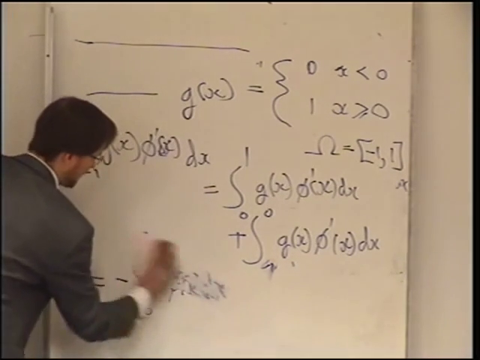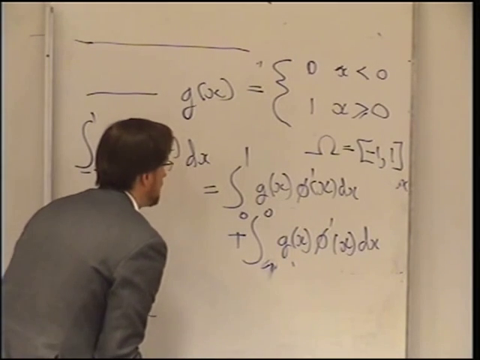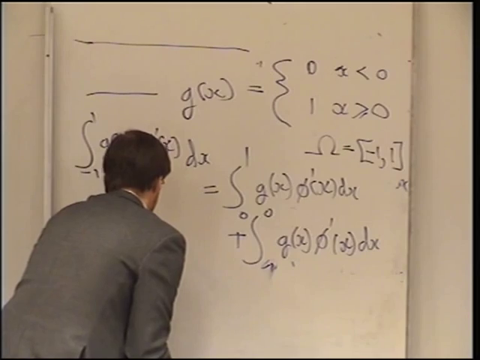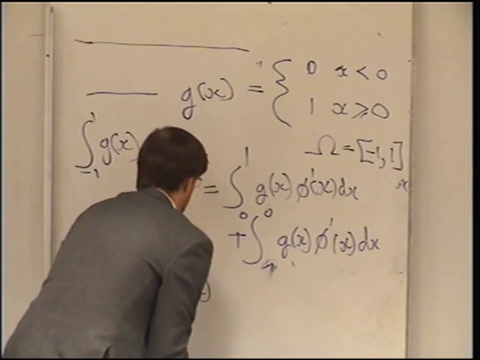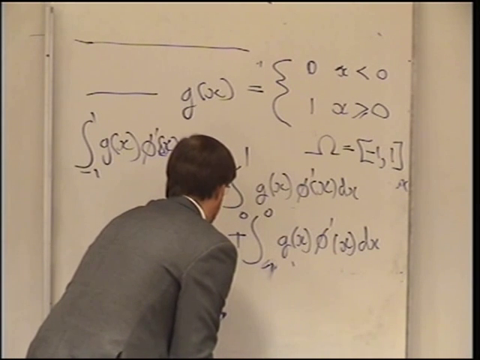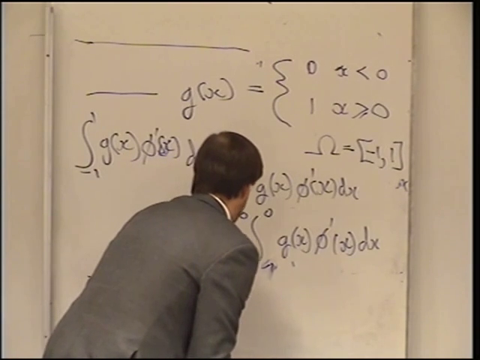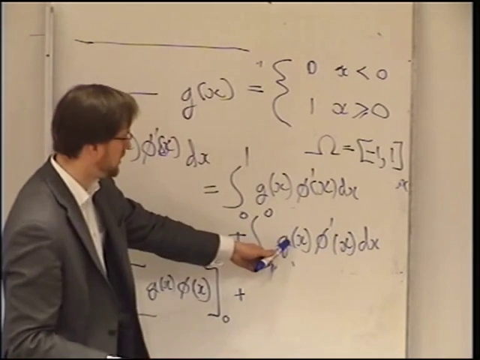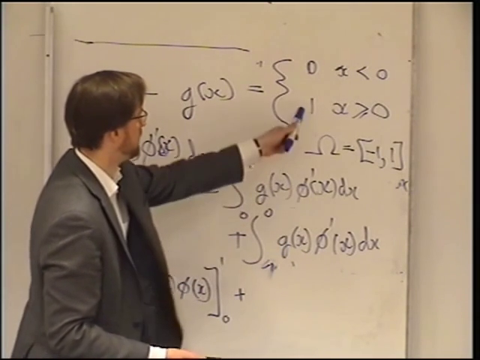Okay, so let's just get rid of that one because we already know that's 0. So it's just equal to the boundary terms, which are g(x) phi(x) from 0 to 1. And similarly, when I substitute in g prime of x here, I'm going to get the derivative of this function.